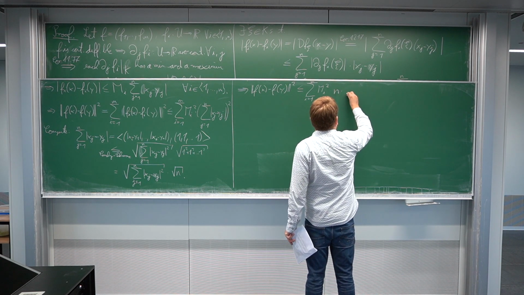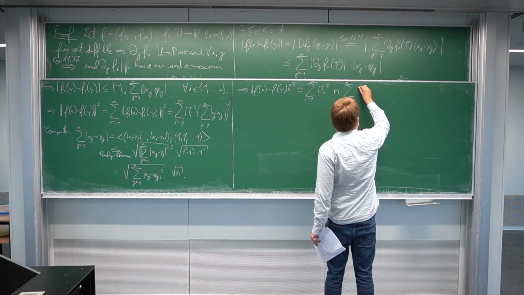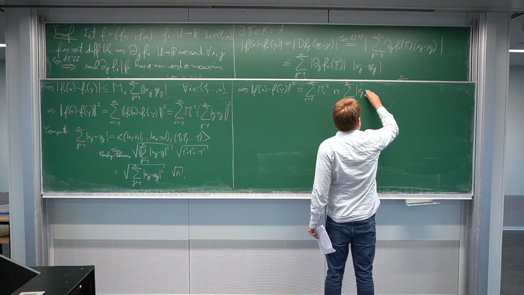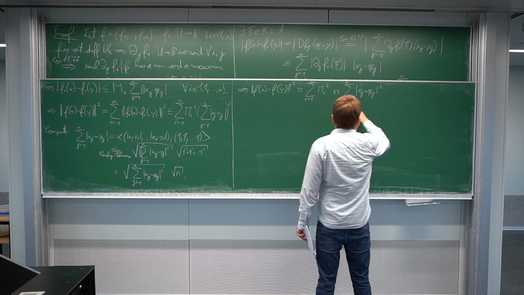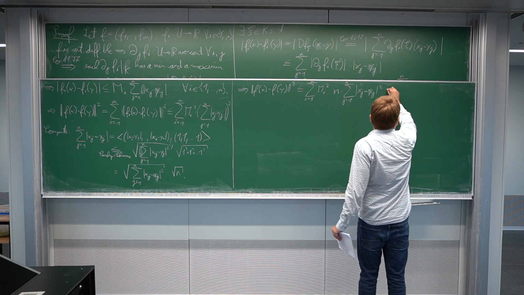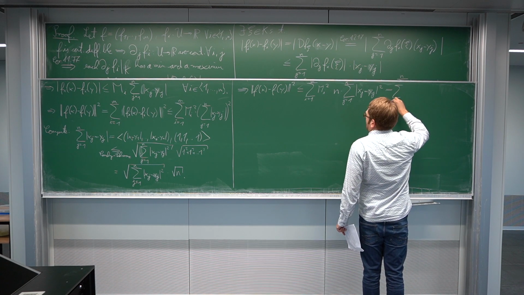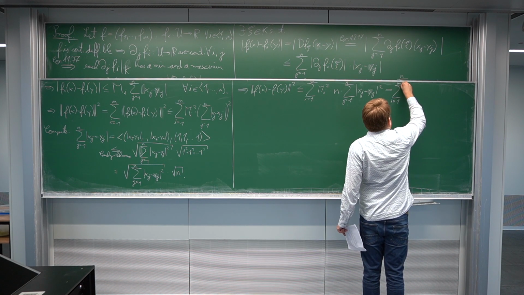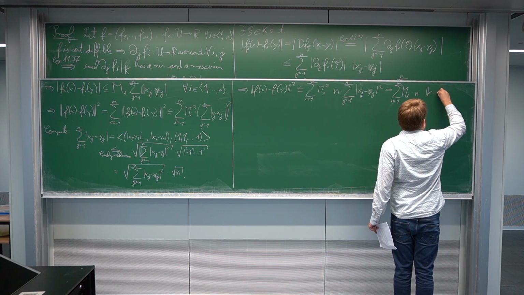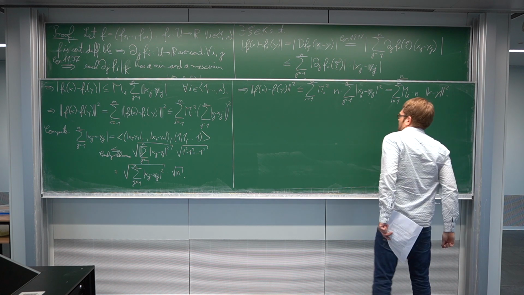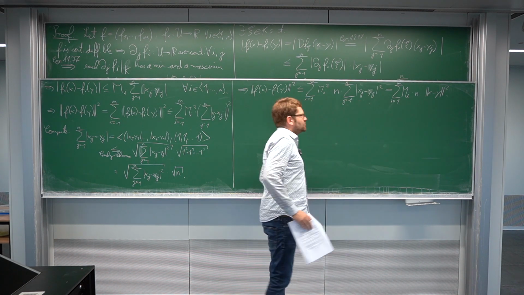So n, let's put this in front, times the sum over j from 1 to n of xj minus yj squared. And this is simply the Euclidean norm squared of x minus y. So this is the same as the sum over i from 1 to m of mi squared, times n, times x minus y squared. But this is good because this is just a constant. This doesn't depend on x and y.